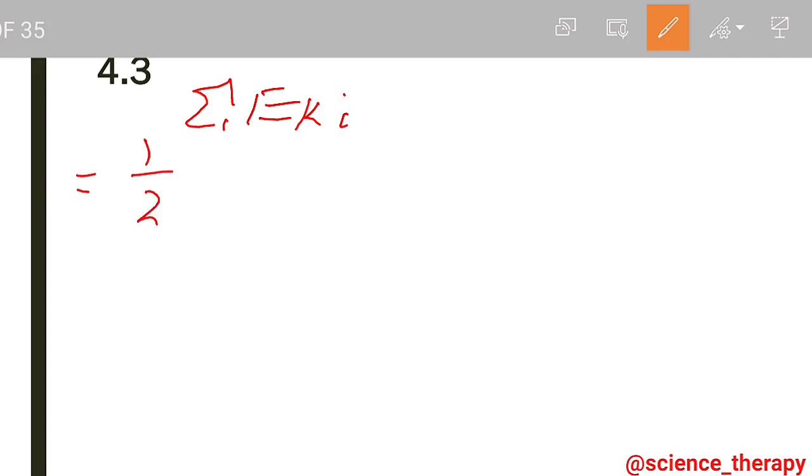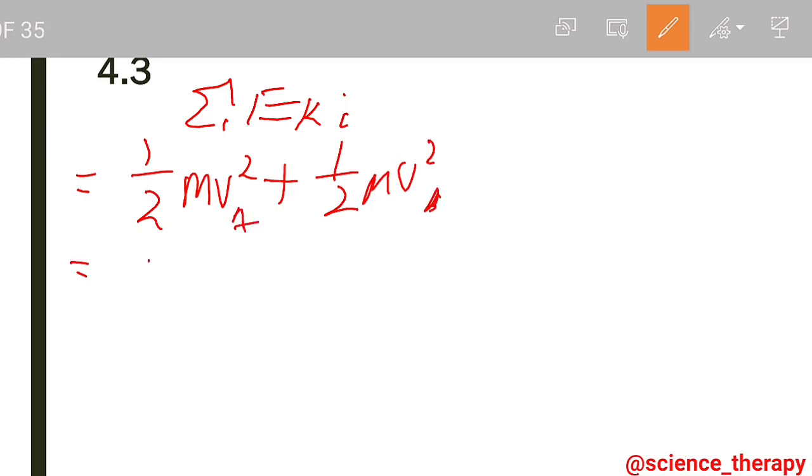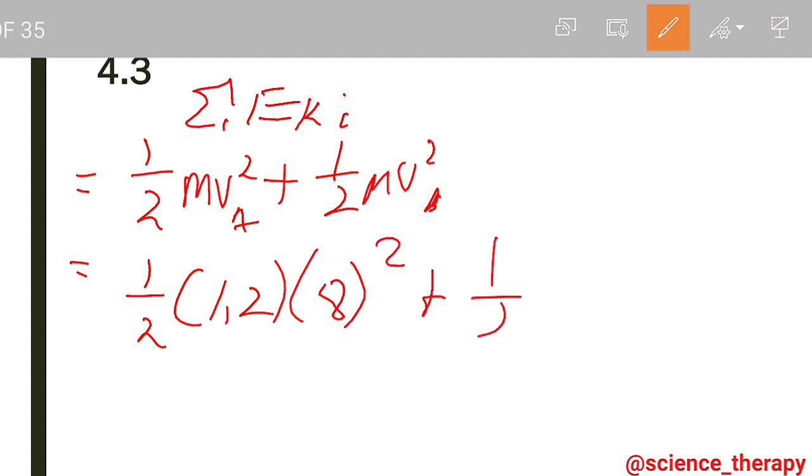Now let's calculate it. Half mv squared initially plus half mv squared initially also. So this is for object A and this is for object B. Now we have half. The mass of trolley X was 1.2 and its velocity is 8, and then square that, plus half times 0.5, the mass, and then the velocity initially was 0.